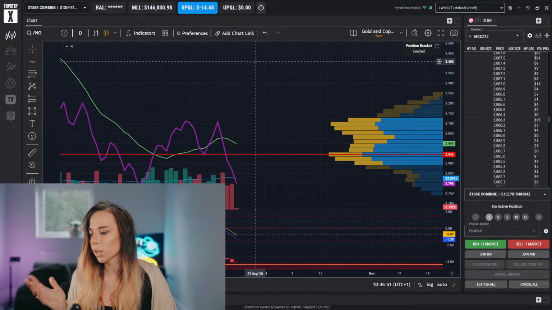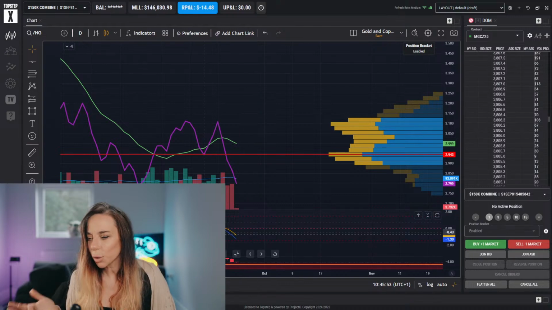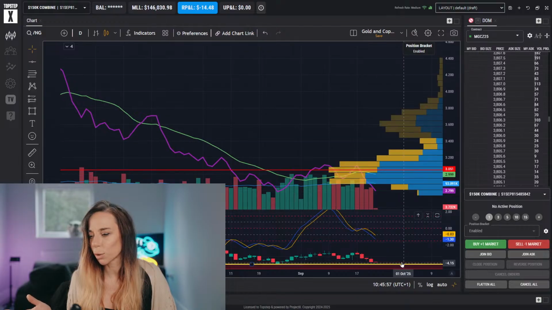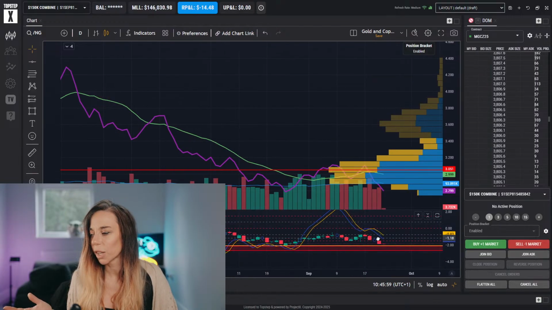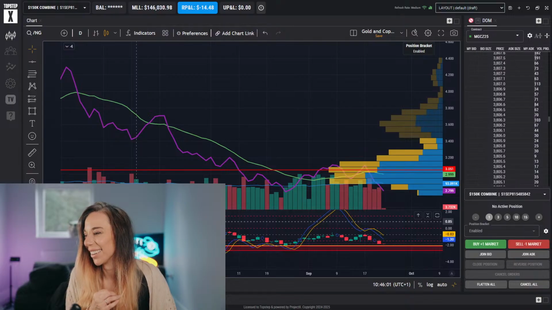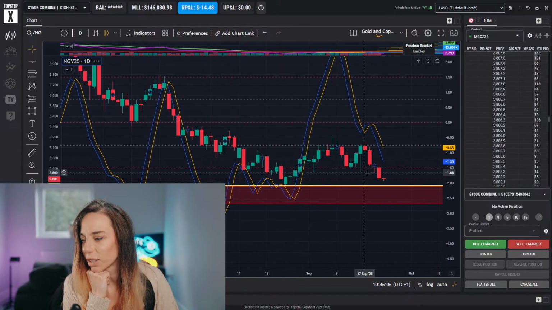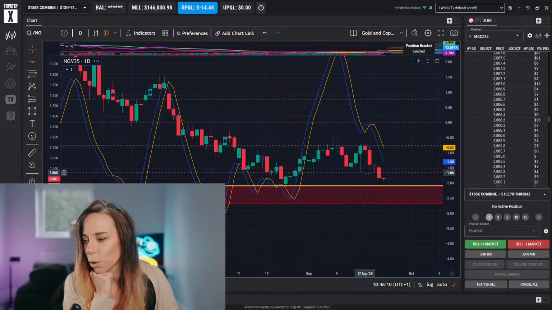Did I just do the same thing again? Oh no. How do I keep doing that? Look at that. I managed to put the chart into a window. Can somebody tell me how to get out? I did this once before as well, and for the life of me, I have no idea how I did that.